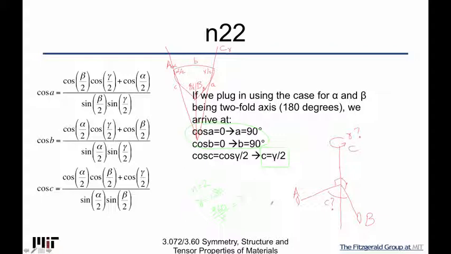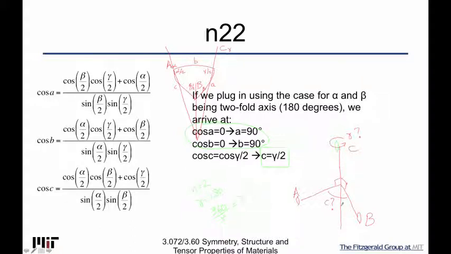So if I have, for example, a gamma of 180, because I want to make C now a twofold axis, right? Well, this says that the angle between these guys will be 90, right? So in other words, I say gamma is going to be 180 because it's going to be twofold axis. So I'm going to force this to be gamma because I want to see what that solution is.